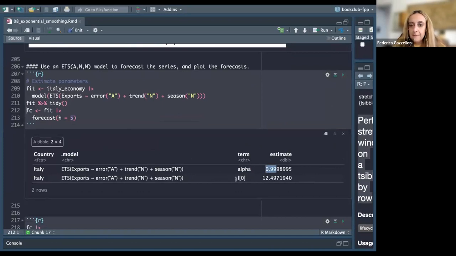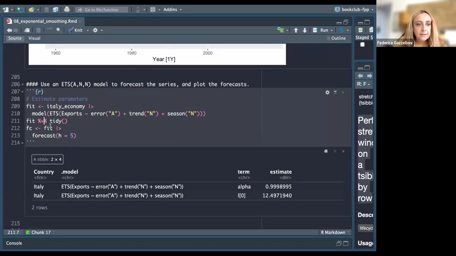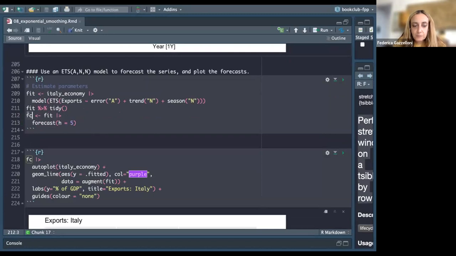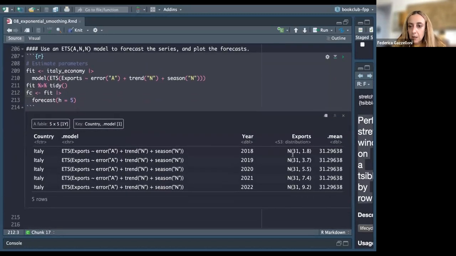And the level 0 is 1249. Let's see if we do a little forecast within 5 years. We can see that 2018 is the first year after the last observation, and we have a value of 3129.